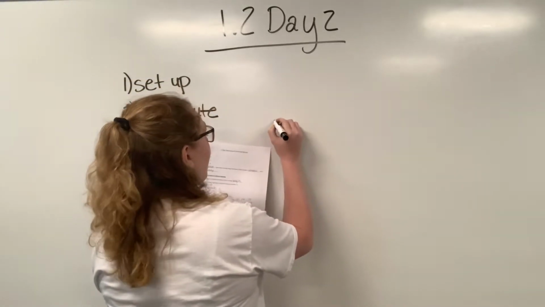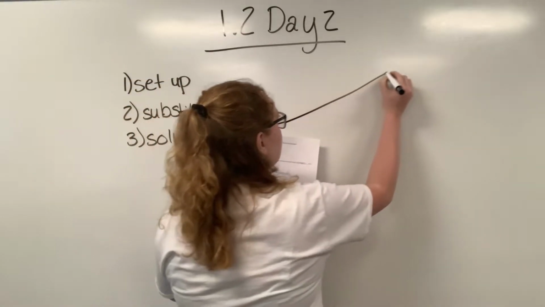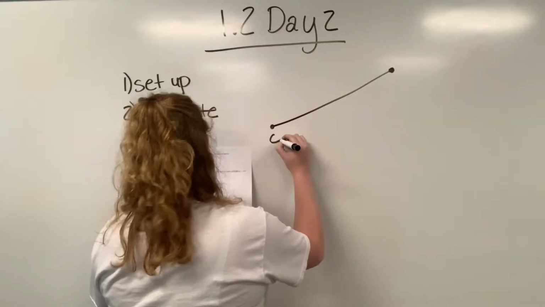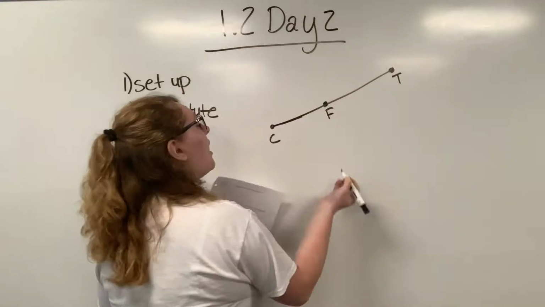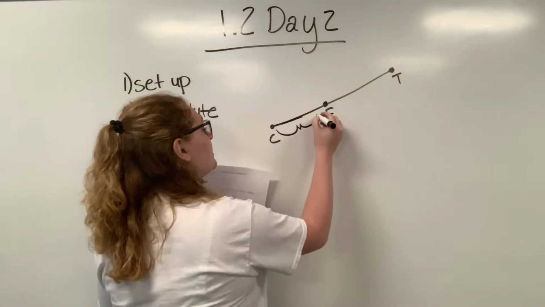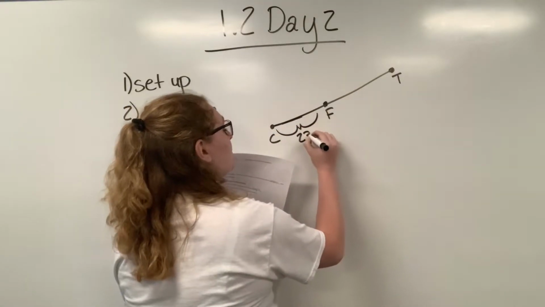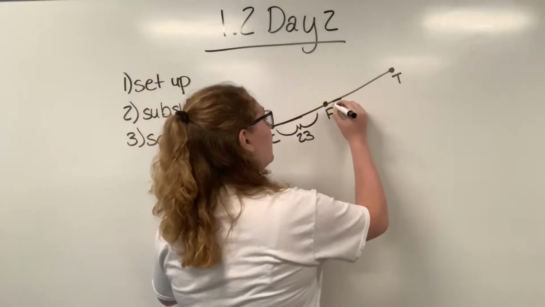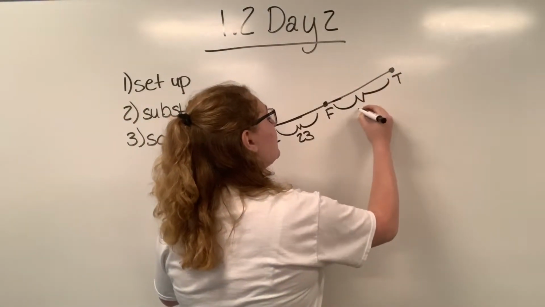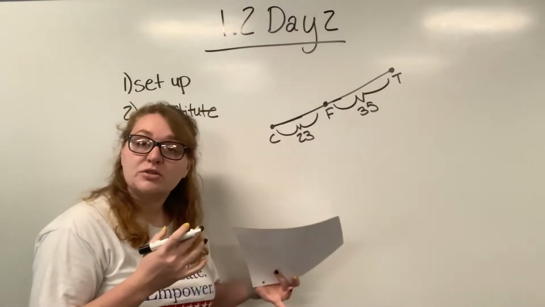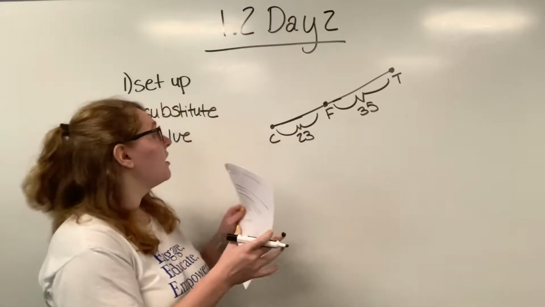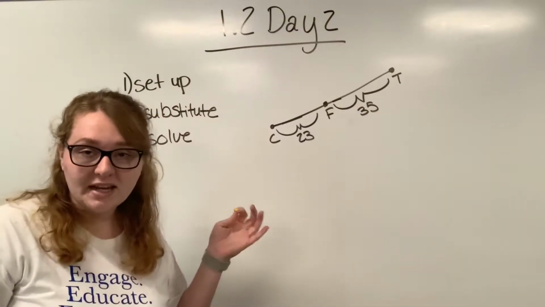If I have a segment C, F, and T, and I know the distance between C and F is 23, and I know the distance between F and T is 35. So first thing we have to do is set up our equation using what we did yesterday, okay?